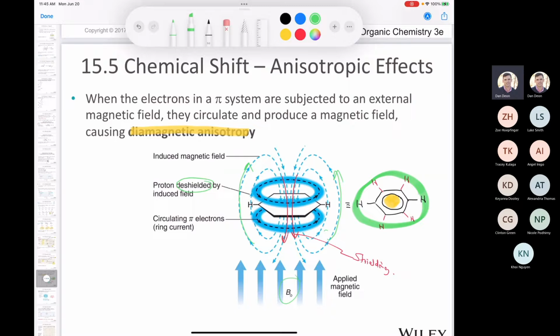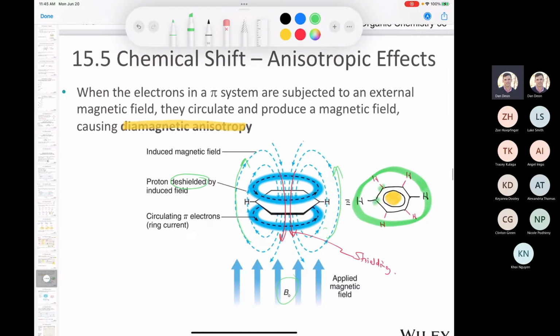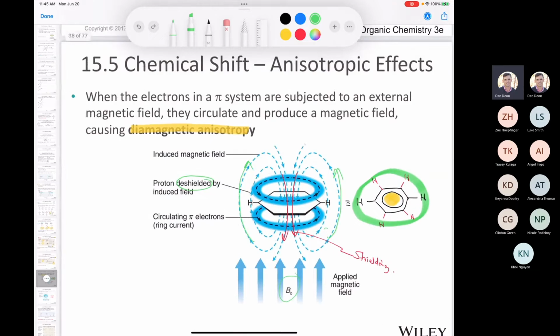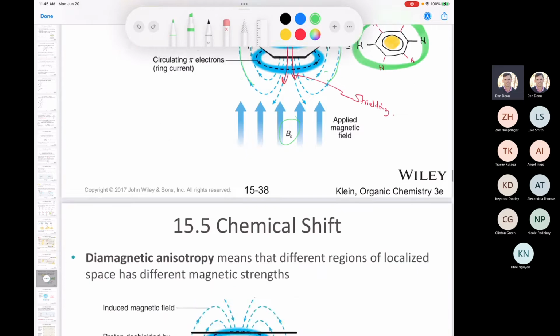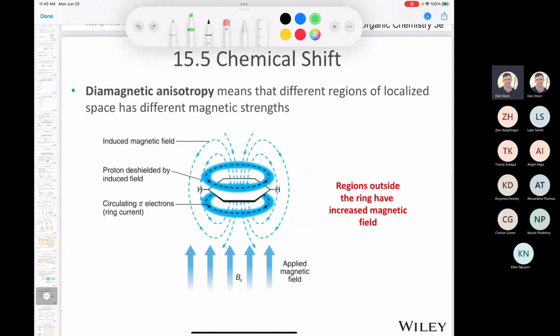With a molecule like benzene, since all those protons are outside of the ring, they're even more de-shielded than you would expect. If you look at carbon-hydrogen bonds for an sp2 hybridized carbon, and every single carbon in benzene is sp2 hybridized, they actually have a higher chemical shift than you would expect, and it's based off of diamagnetic anisotropy, which is pretty cool when you think about it.